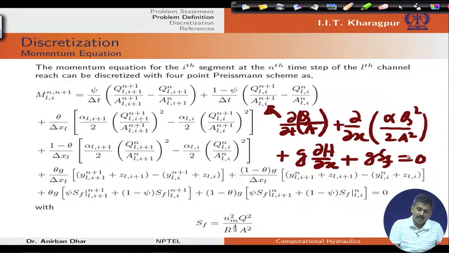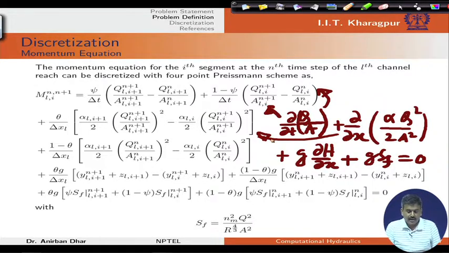So, for all cases like the temporal derivative, we are taking a weighted combination with respect to psi. For the spatial derivative we are taking a weighted combination with respect to theta, and for others like this one also we are taking a weighted combination with respect to theta because it is a spatial derivative.